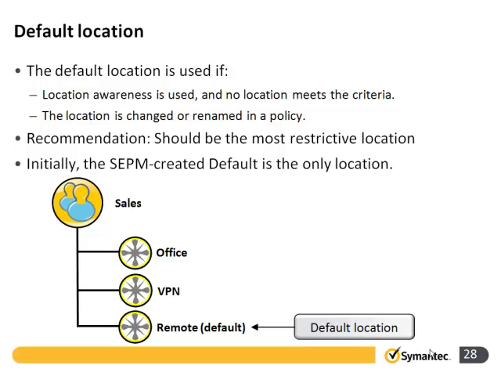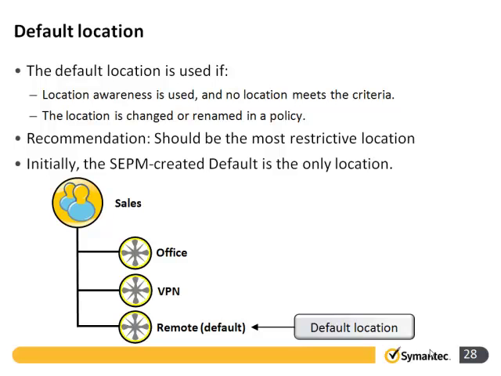Criteria could be IP address range, it could be connecting with a certain SEPM or DNS, or some sort of network connection. It would also be used if the location is changed or renamed and that location obviously no longer exists. The other recommendation is the default location should be the most restrictive. In other words, the most restrictive policies should be applied to the default location.